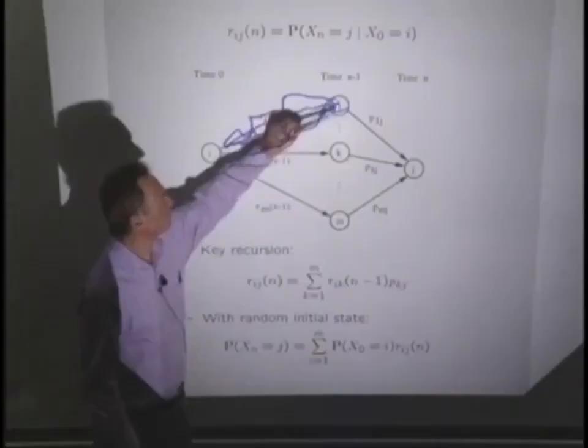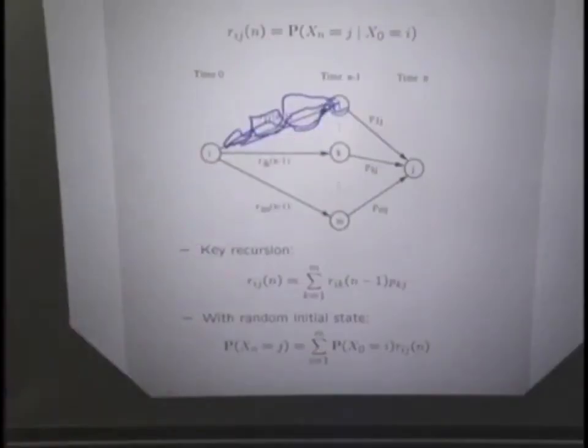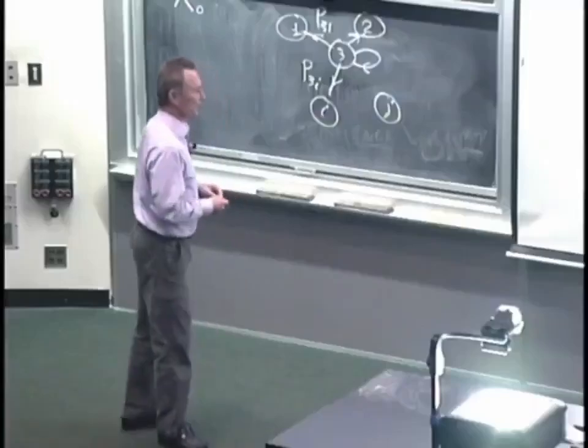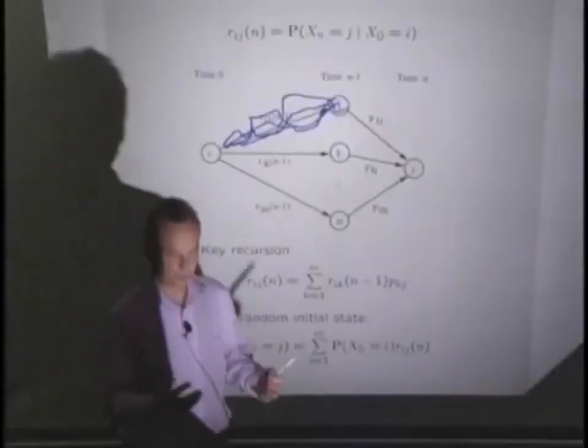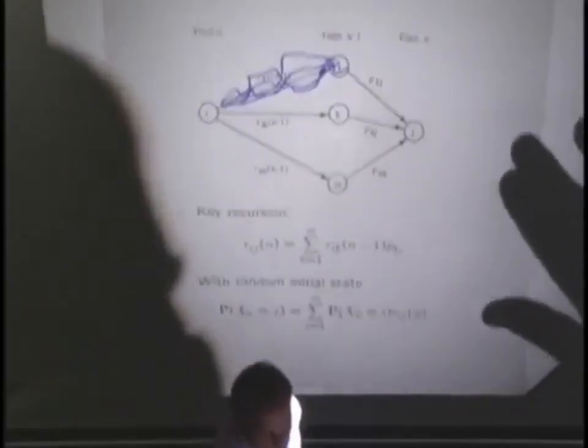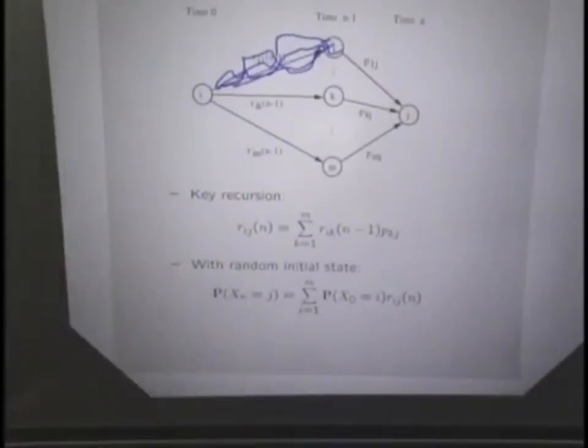And we're going to condition on the state at time n-1. So the total probability of ending up at state j is the sum of the probabilities of the different scenarios, of the different ways that you can get to state j.